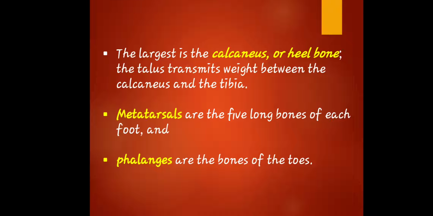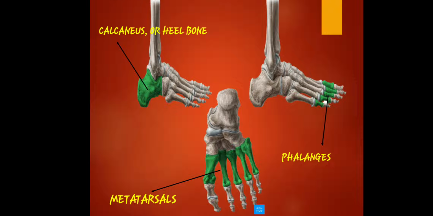Metatarsals are the 5 long bones of each foot, and phalanges are the bones of the toes. That is why I said metatarsals and tarsals help to form the main arches of the foot, which are essential for weight bearing and walking. That is the major function of metatarsals and tarsals.